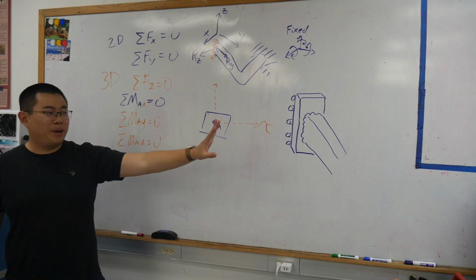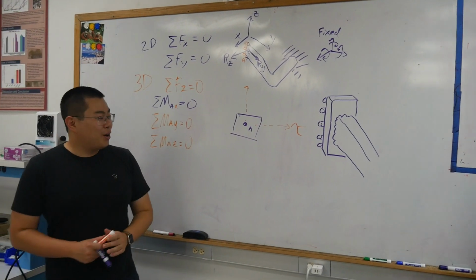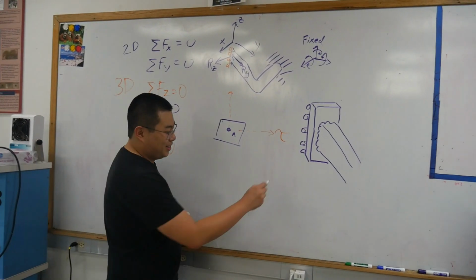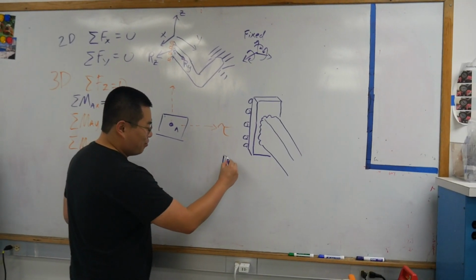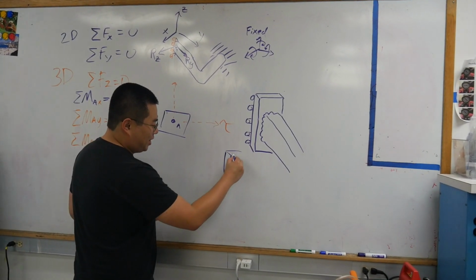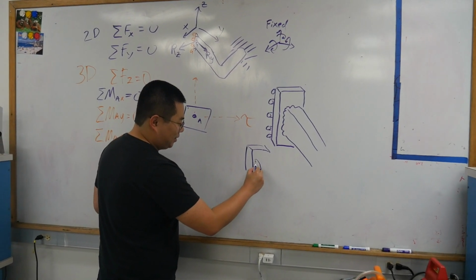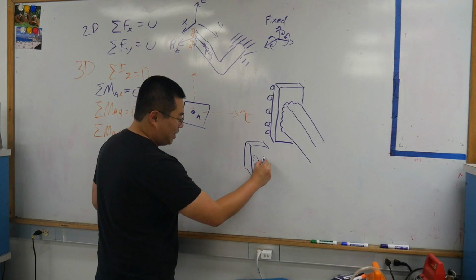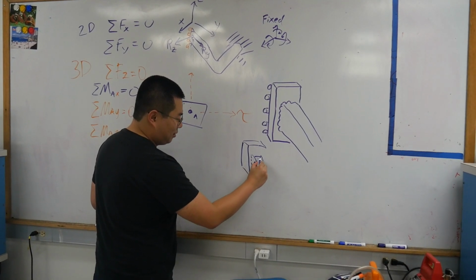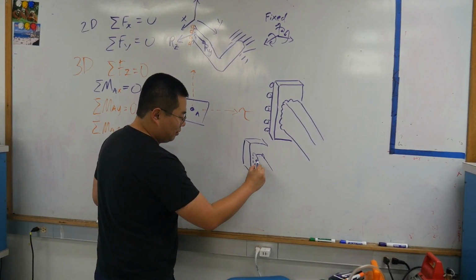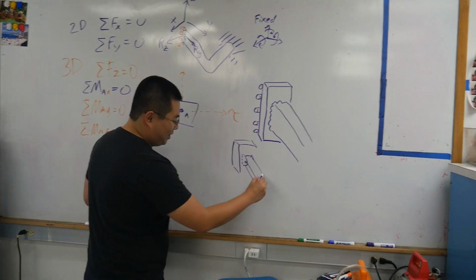So in this case, it might be able to support a moment. However, we do show rollers this way for most of this class, because that looks 3D enough.